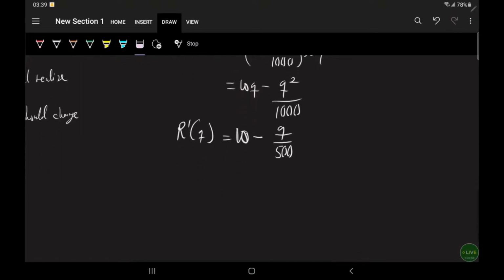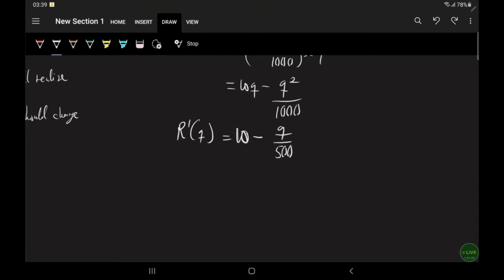So once you're able to get your revenue in terms of the first derivative, which is 10 minus q over 500, then this is the production level at which the company cannot produce anymore.